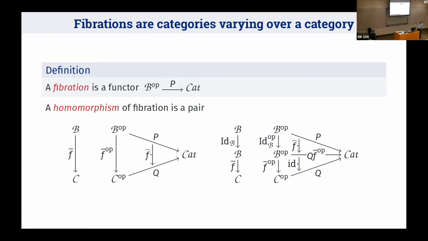And another thing, which comes out almost immediately by the picture, is that once I define a homomorphism to be something like this, it is possible to get the homomorphism as a composition of two specific homomorphisms, one where the first component is the identity, and the second where the second component is the identity.